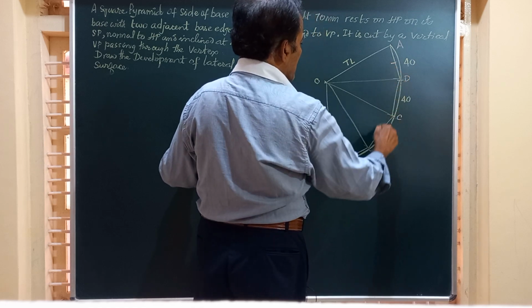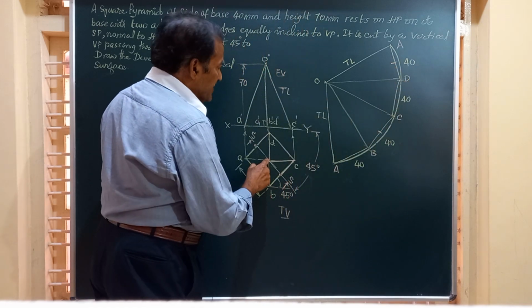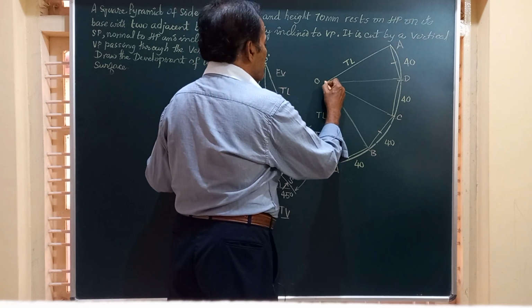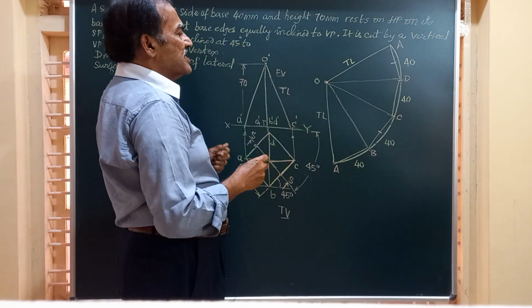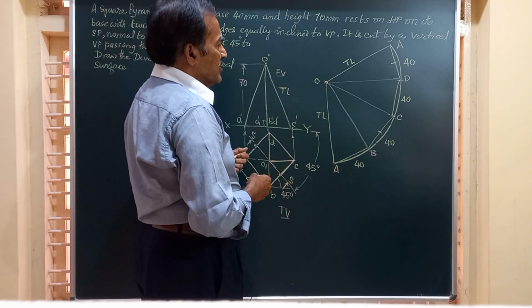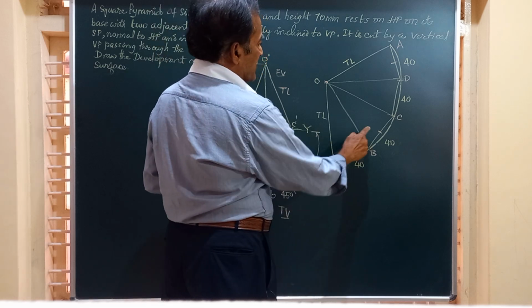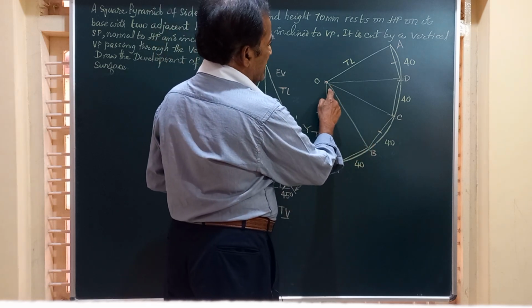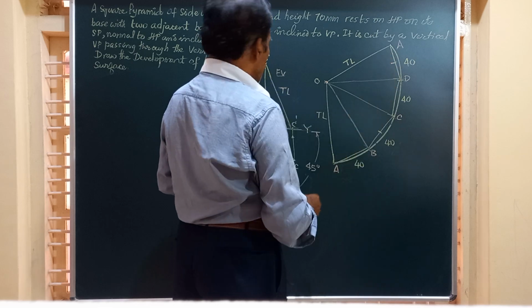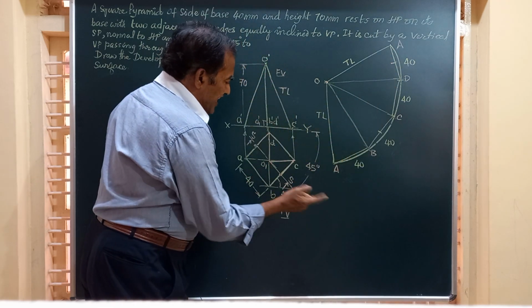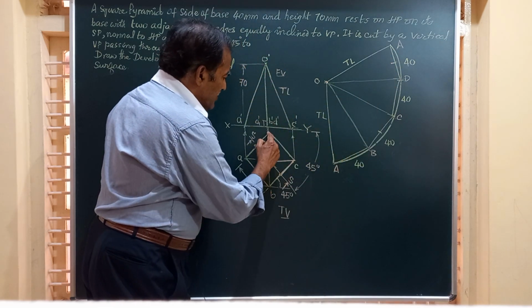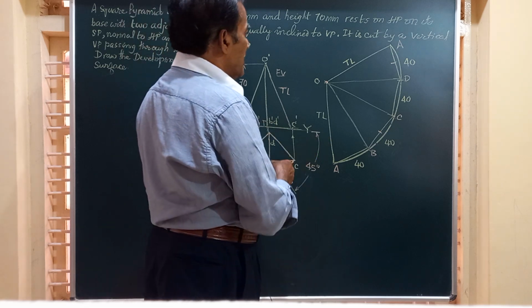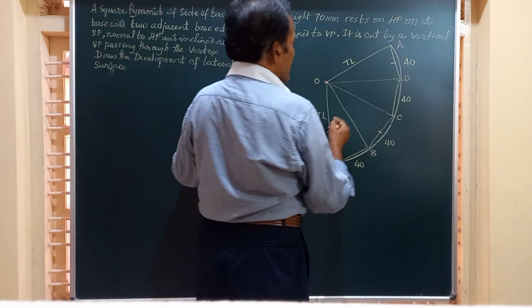So one point is here, 2 points. Vertex is here. This is another point. So basically, you have got 3 points only. One here, second, and third. And remember, the slant edges OC and OD are not touched. They are existing, OC and OD.